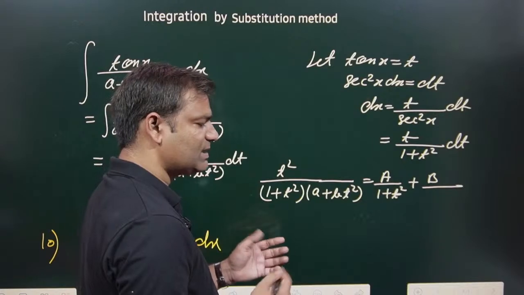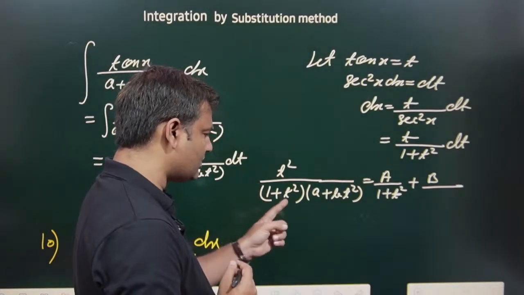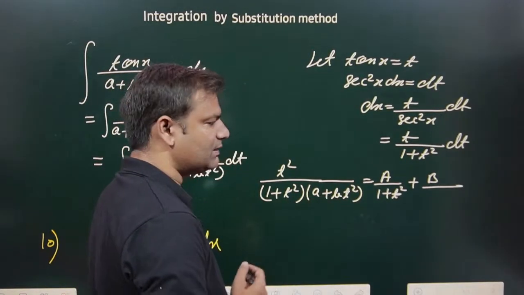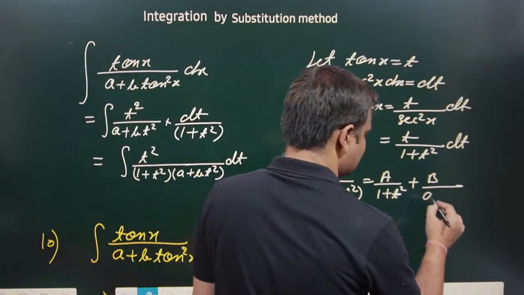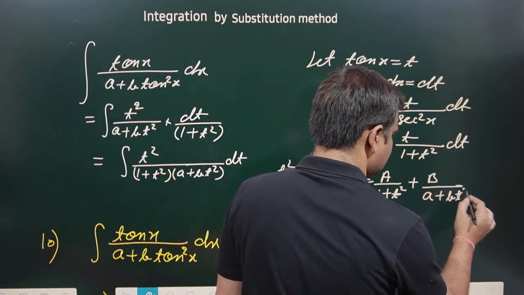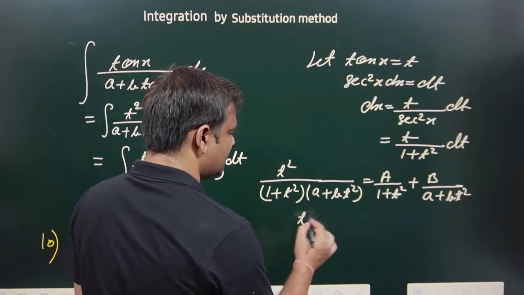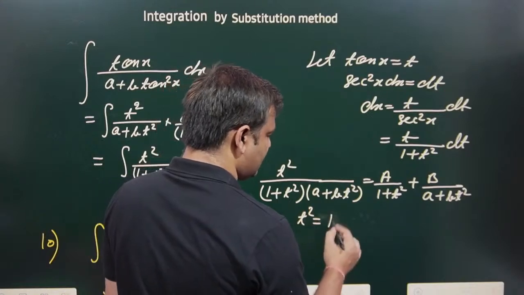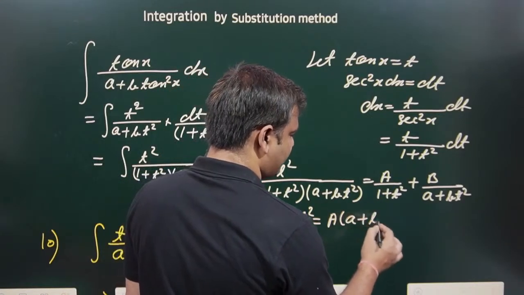Basically t square replaced by y, so y upon 1 plus y into a plus b into y. You can consider it like that.